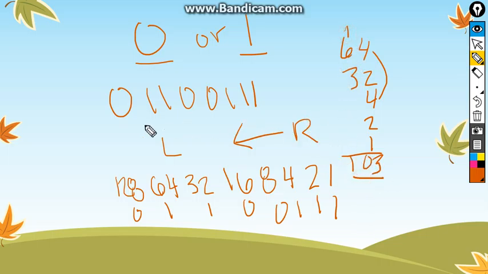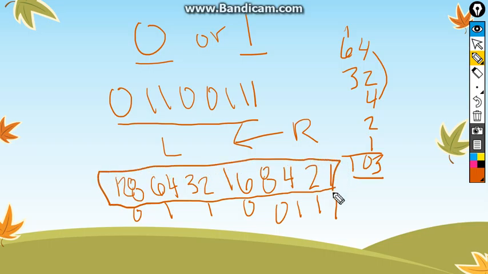So this string of bits equals 103. This bit chart is very important, and we need to memorize it. Always the very right bit equals 1, and then every bit after that to the left just doubles. So remember that.